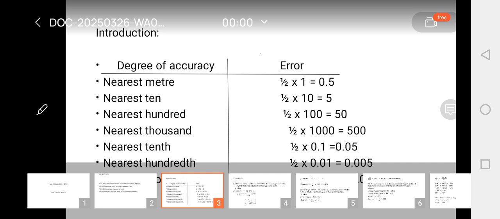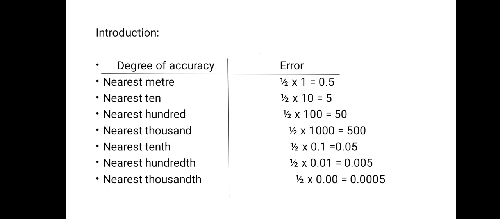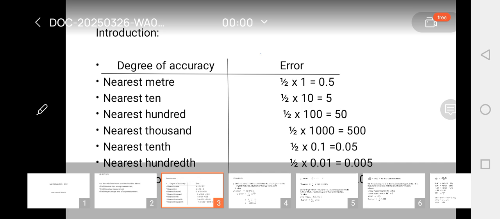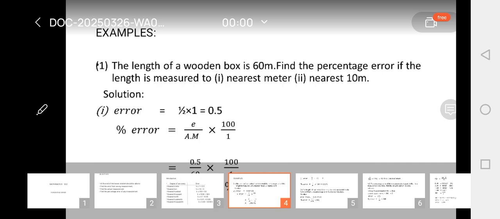And to the nearest hundredth has an error of 0.005. Also, to the nearest thousandth, it has an error of 0.0005. These are ones you need to know offhand.